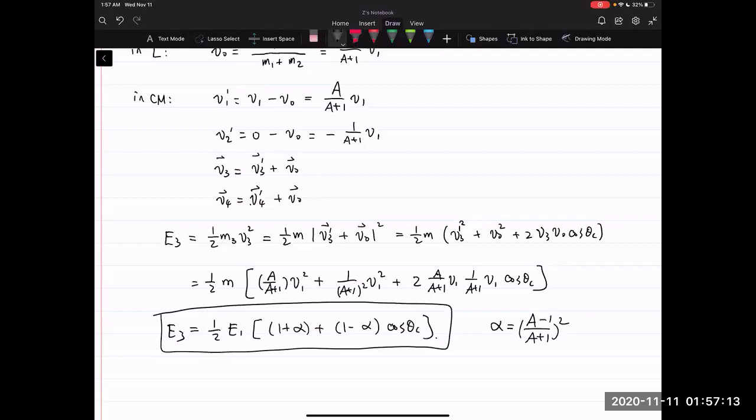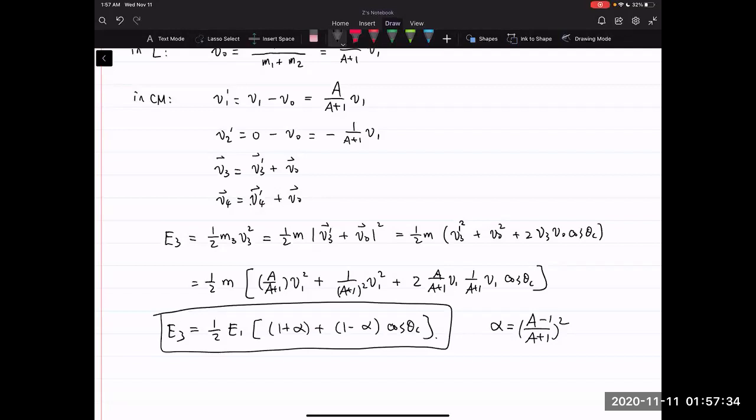So it is a conditional probability. Knowing E1, what is the probability of E3? And E3 will depend on alpha. Alpha is just a number that depends on the mass of the target. For a given target, alpha is just one number.